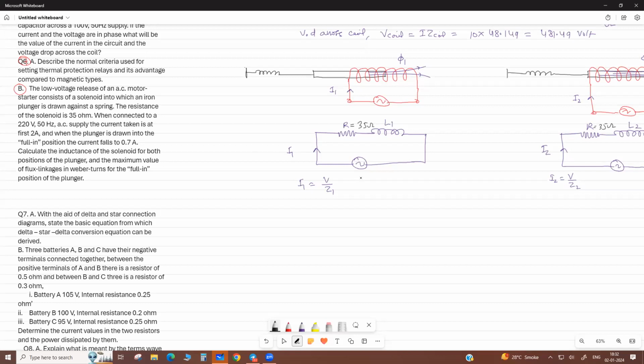It is connected to a voltage of 220 volt RMS value. Then current is also RMS. It is by default always RMS values that are mentioned. The supply is 220 volt, 50 hertz.